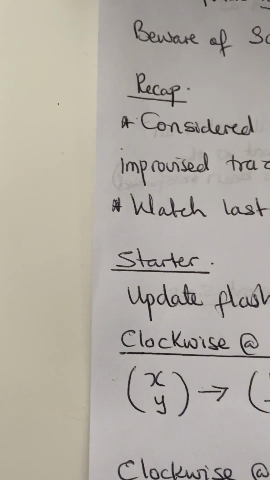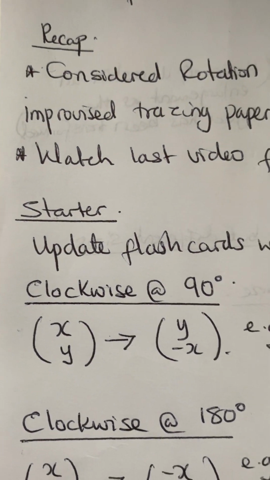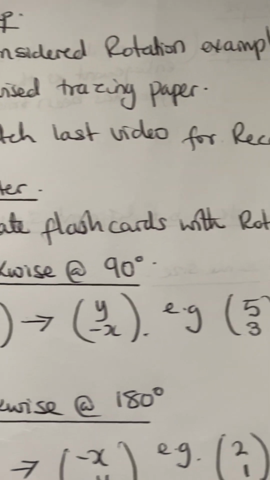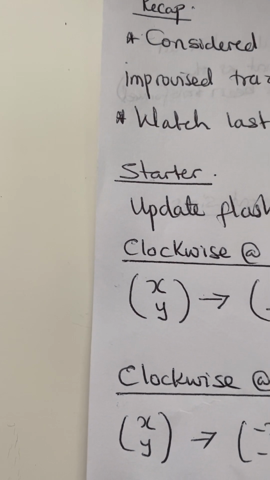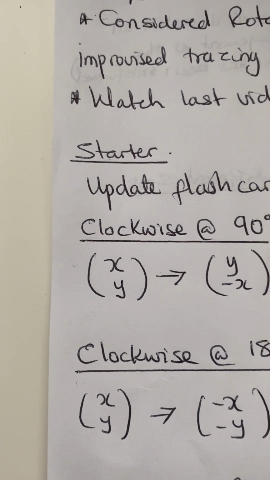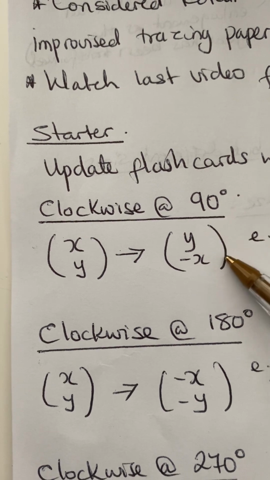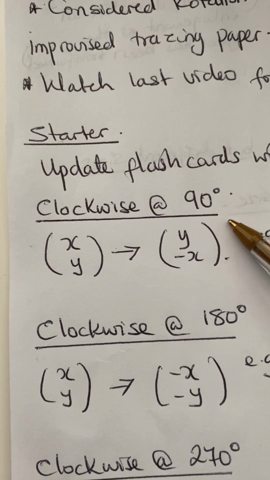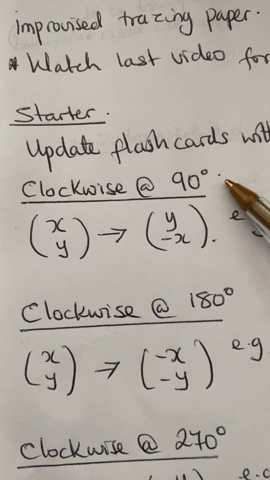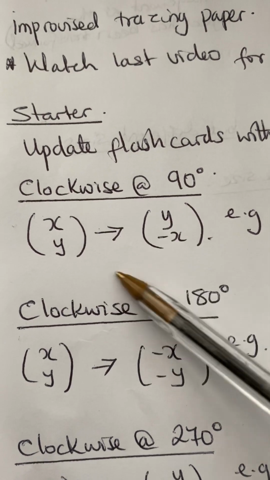Our starter for today, towards a last lesson: I said you should update your flashcard with rotation formulas. Now if you are rotating an object clockwise at 90 degrees, I said I'll come back and explain it. We saw it yesterday using a tracing paper, but there is a standard formula.